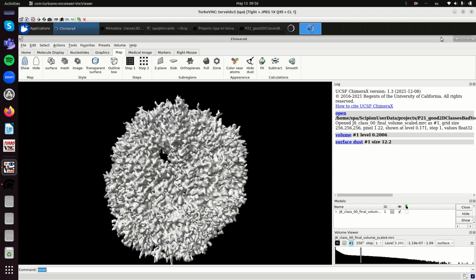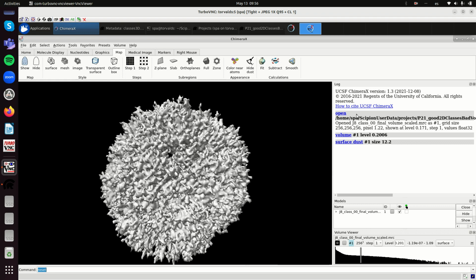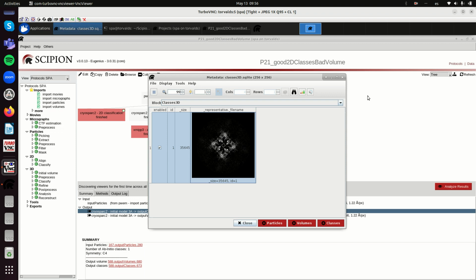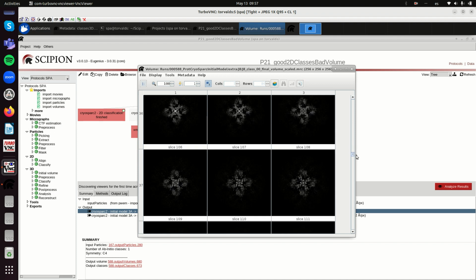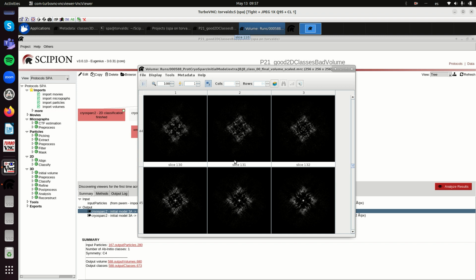At the level of slices, let's see if we can detect anything that looks wrong. Here it is. The background is very black because CryoSPARC is masking the structure, but we don't see protein-like features.